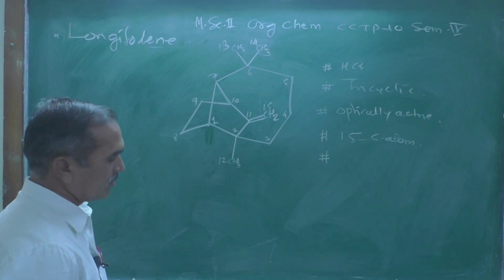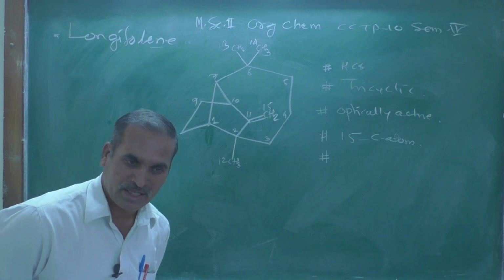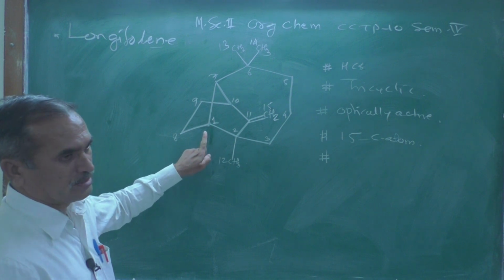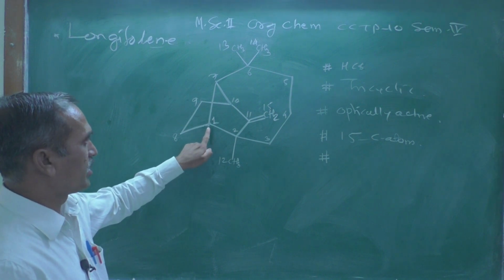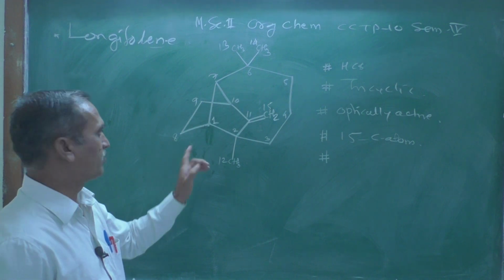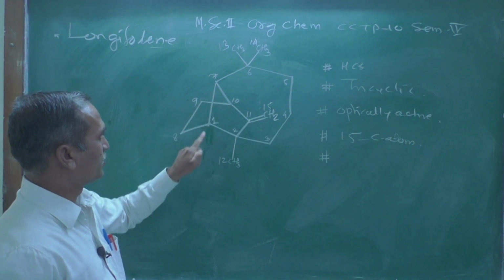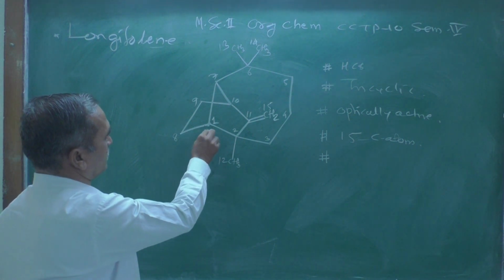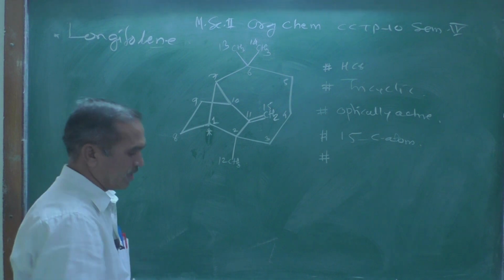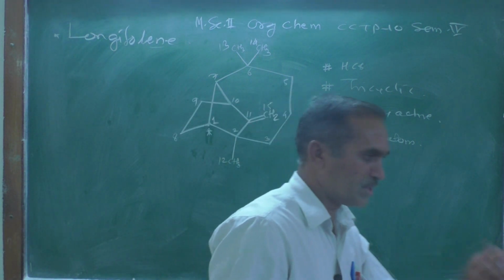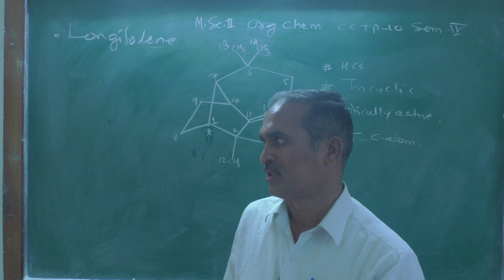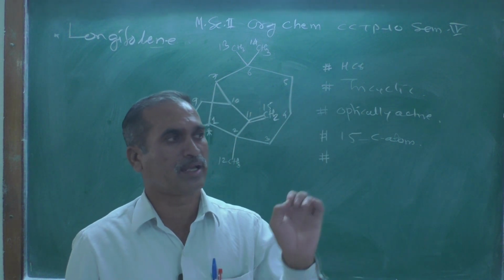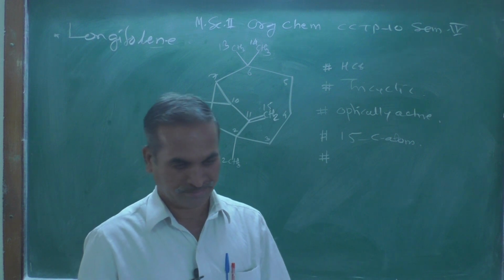See carbon number 1. Is it a chiral center? Yes. If you see carefully, one position has a hydrogen atom, and we know there are 3 other bonds. Definitely they are different. You go this side, all are different groups, and therefore you can designate it with this symbol, an asterisk. The star indicates a chiral center.